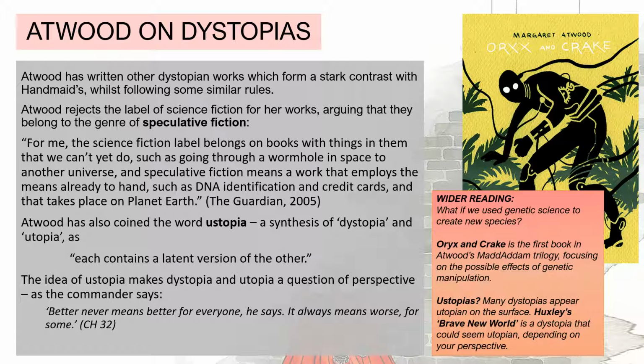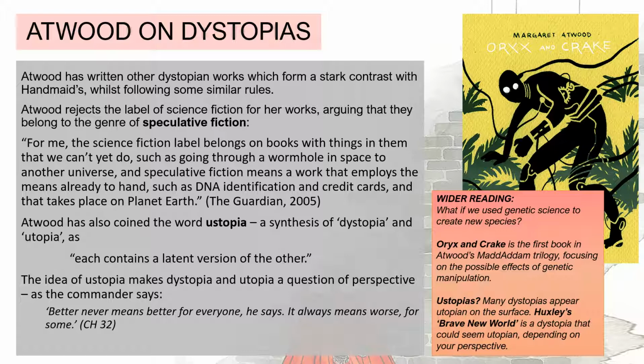And as we go on in the next lesson to look at narrative perspective, perhaps we can explore how Offred's individual perspective is key to presenting Gilead as a dystopia, whereas other perspectives might see it in different ways.